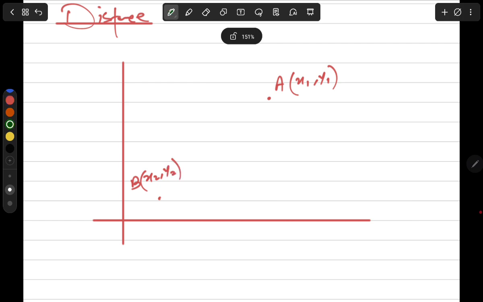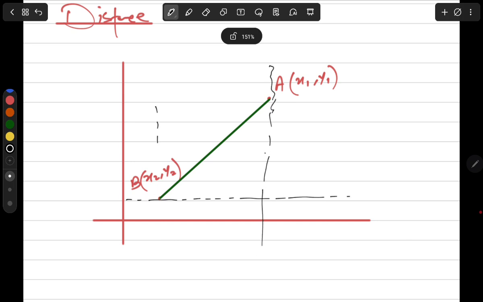Now if we were to find out this distance, all I can do is make some rule lines. So if I make this line, and this line, and this line, so this is going to be y1, this is going to be y2, this is going to be x1, this is going to be x2.